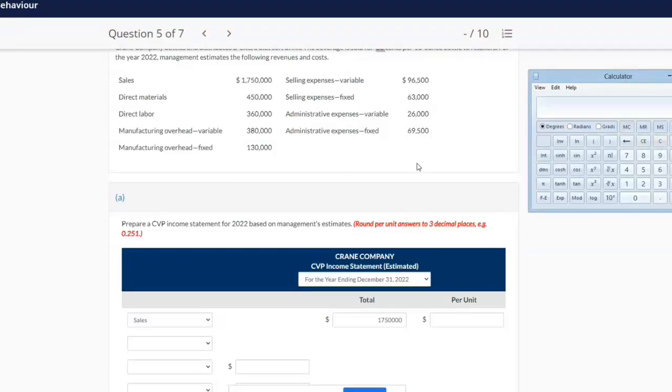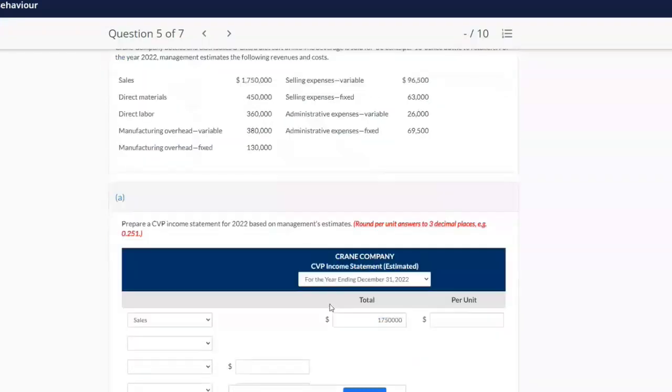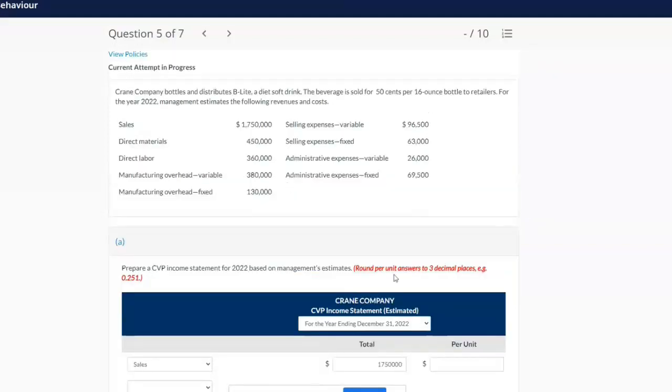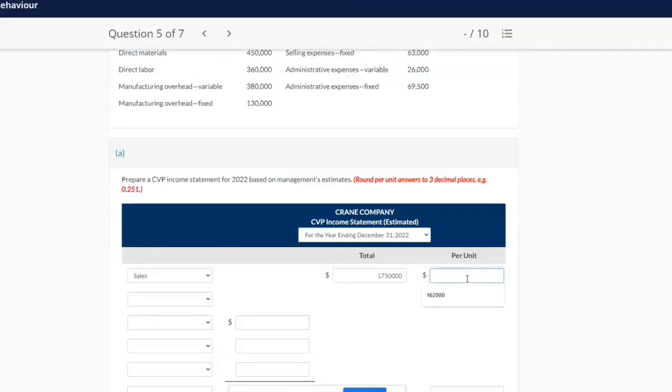You got the per unit. They already gave it to you up in the question. 50 cents, half a dollar.